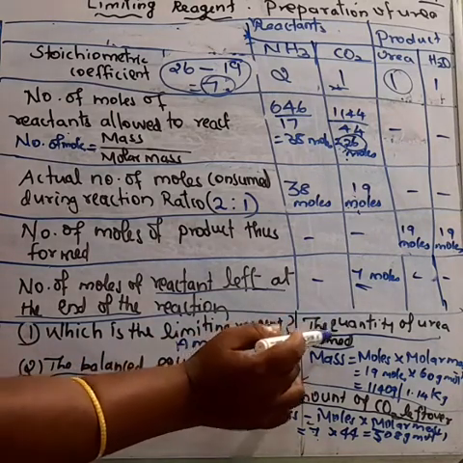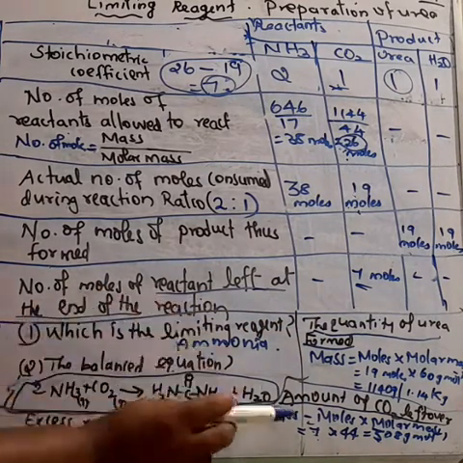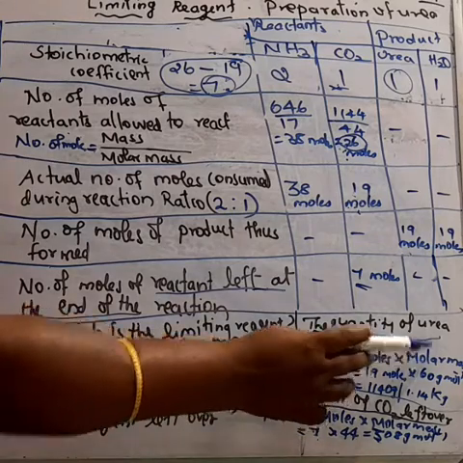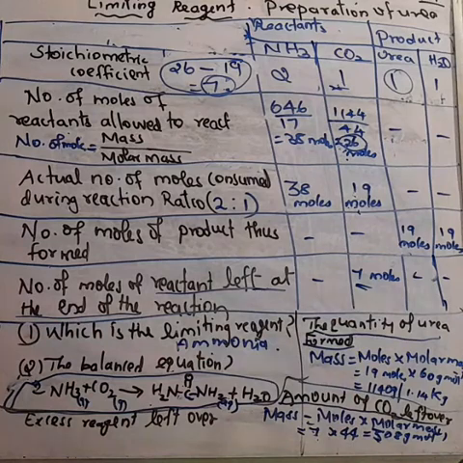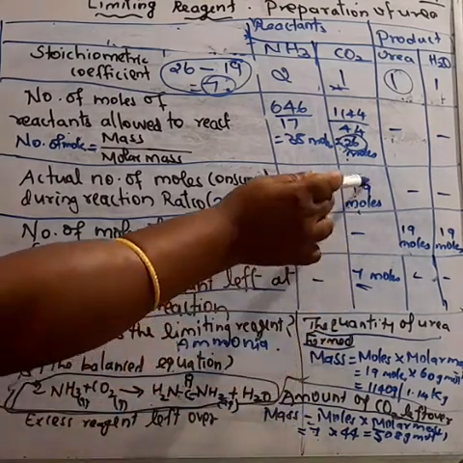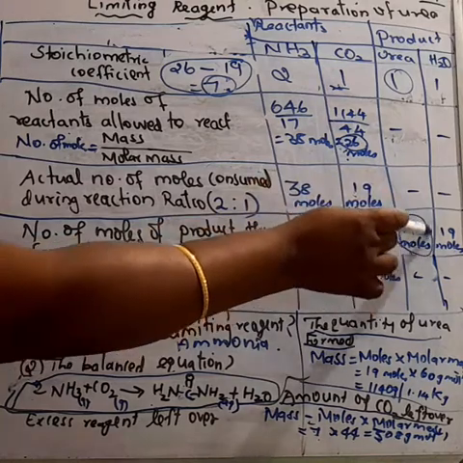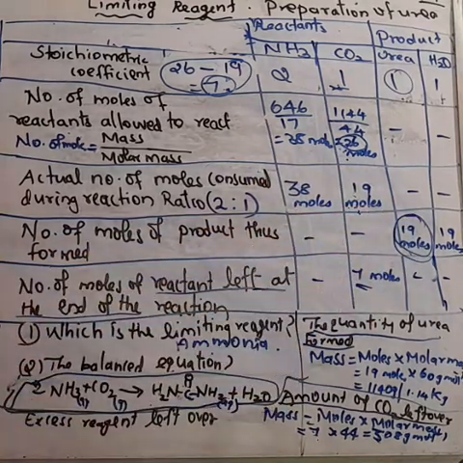And what is the third question? Quantity of urea formed. Quantity means mass. What is the formula to calculate the mass? Number of moles into molar mass. How many moles of urea are formed here? 19 moles.